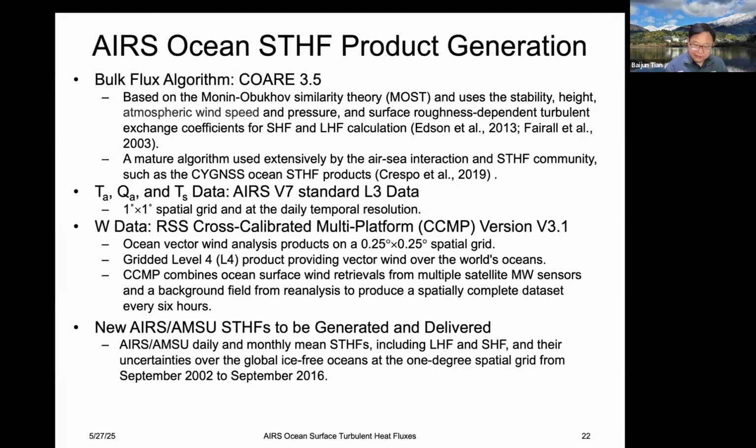Based on this, we can generate the AIRS AMSU-based ocean surface flux at daily and monthly resolutions, and also the uncertainty, on the global ice-free oceans on a 1 degree grid from September 2002 to September 2016.